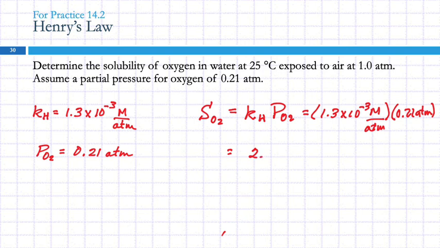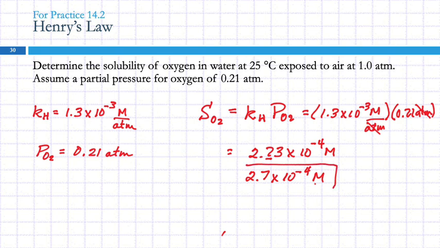So I'm getting 2.73 times 10^-4. The atmospheres cancel out, and so my units are moles per liter. If we're keeping track of our sig figs, this would be 2.7 times 10^-4 moles per liter. So that's how much oxygen is dissolved in water at room temperature, normal atmospheric pressure. Any questions?